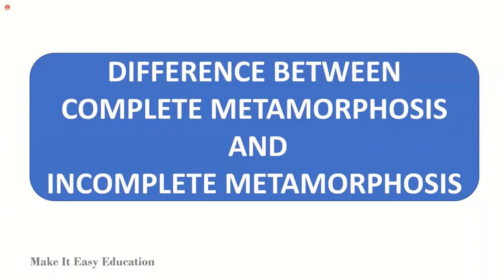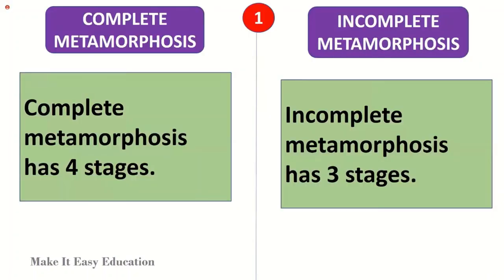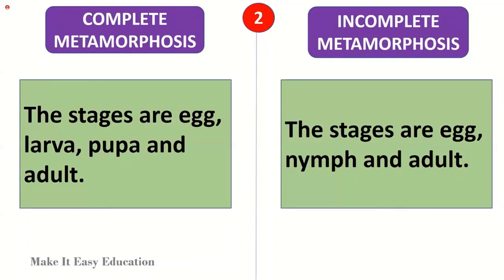Difference between complete metamorphosis and incomplete metamorphosis. Complete metamorphosis has 4 stages. Incomplete metamorphosis has 3 stages. In complete metamorphosis, the stages are egg, larva, pupa, and adult. In incomplete metamorphosis, the stages are egg, nymph, and adult.